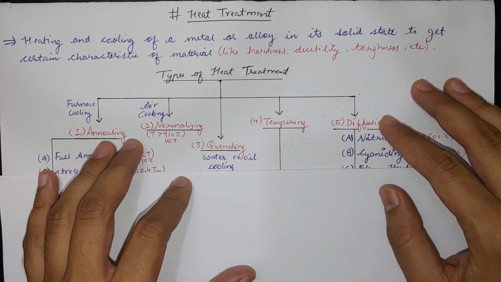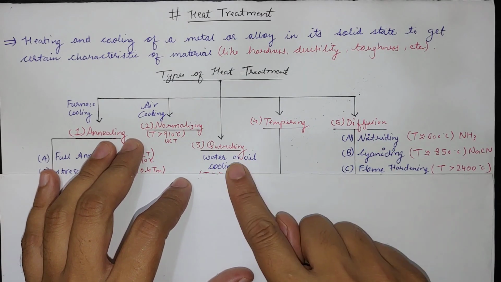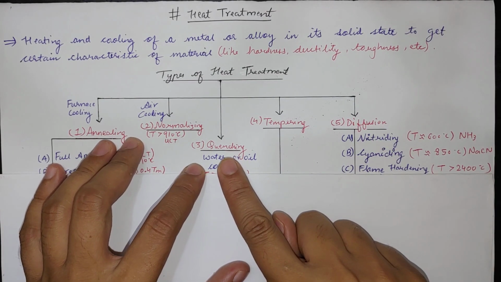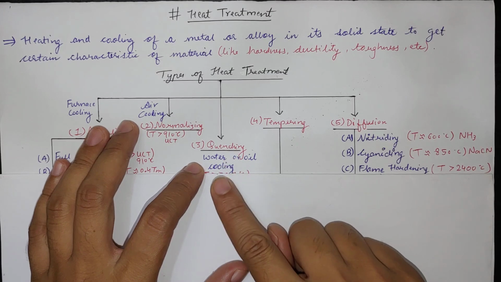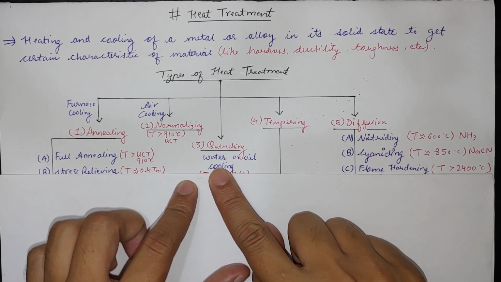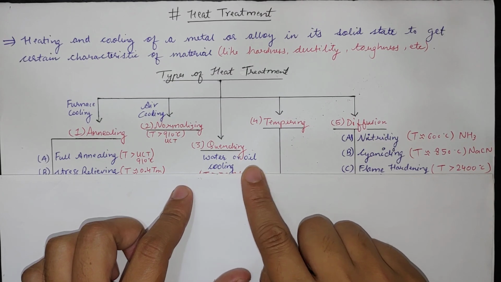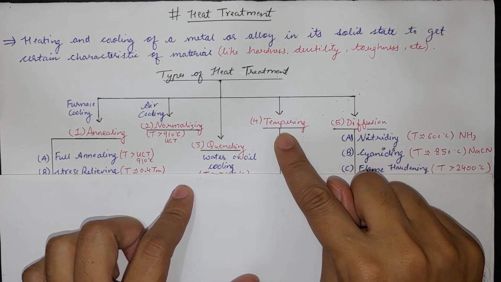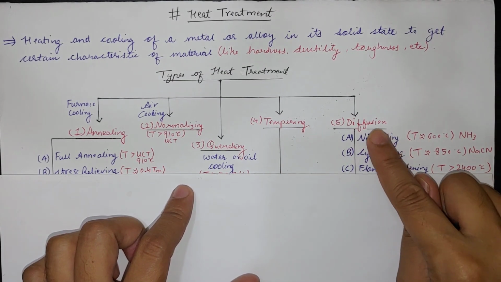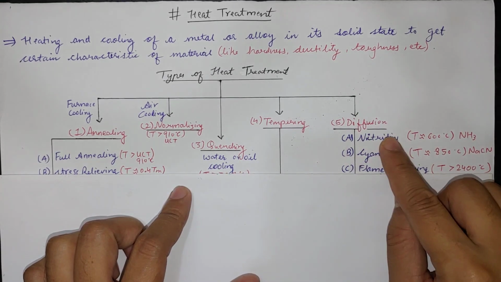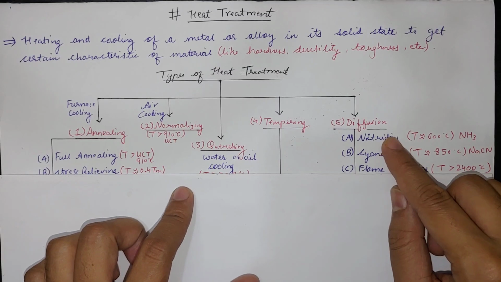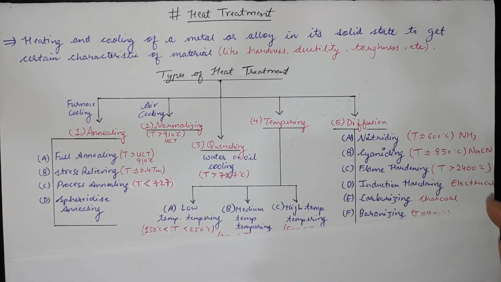Third one is quenching, in which we first heat the material and then we dip it into the water or oil bath, so it is a water or oil cooling. The fourth one is tempering, and the fifth one is diffusion. So we will see all these processes in separate videos in detail. Here I have mentioned the further classification of these processes.